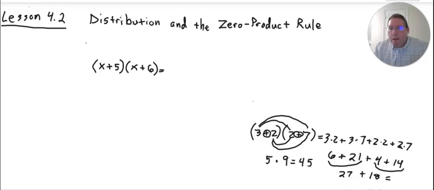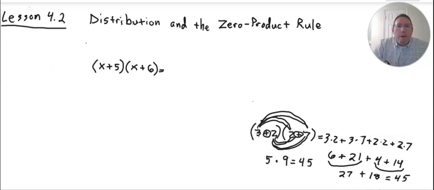And 27 plus 18, that is 45. And so we get the same answer, 45, by distributing. Look what we did here: we made sure that the 3 was multiplied by the 2 and then by the 7, then the 2 was multiplied by the 2, then the 2 was multiplied by the 7.